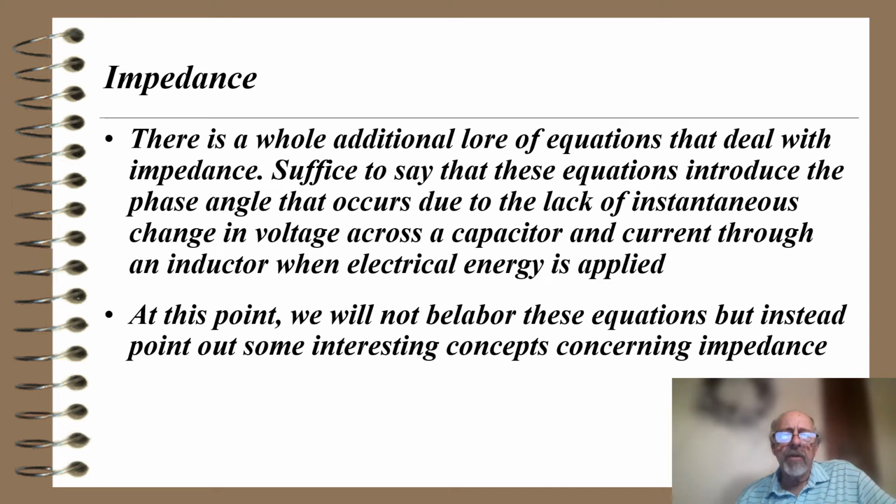I should probably mention that the basic equation for impedance, if I had a resistor and a capacitor, I would get the impedance by taking the square root of the sum of the squares. That is, I take the resistance, square it, I take the reactance of the capacitor, square it, add them together, and take their square root. That would give me the impedance of that circuit of a series resistor and capacitor.